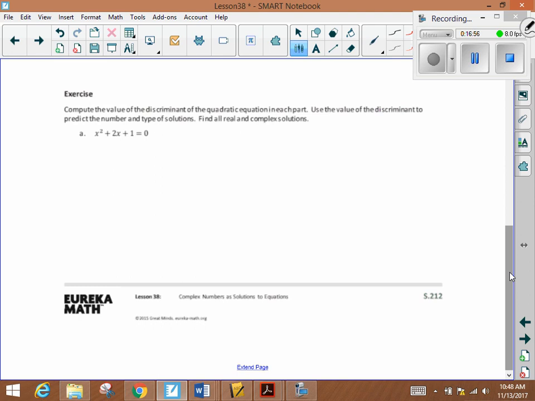It's 2 squared minus 4 times 1 times 1, so that's 4 minus 4, which equals 0. So our discriminant is 0. Based on our previous information, how many solutions do we think it has? One.